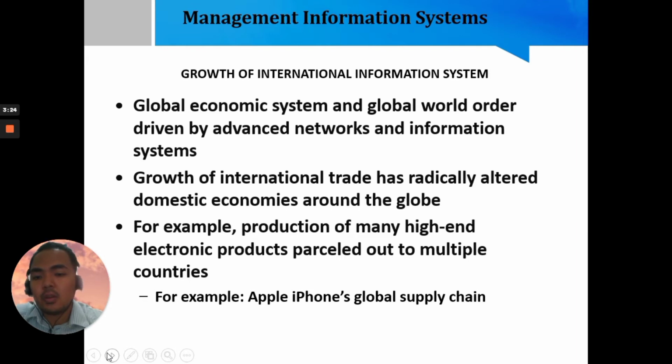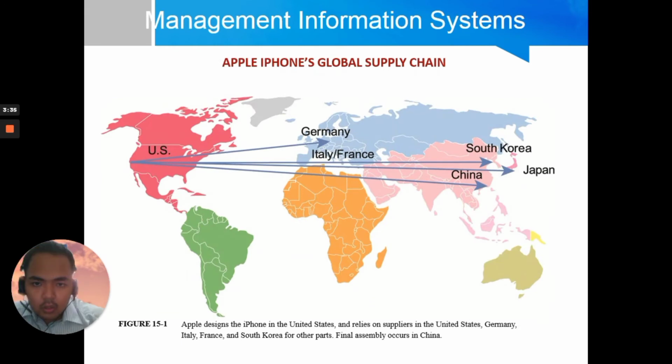So, for example, the Apple iPhone global supply chain. Okay, next slide. As you can see, the original framework of the iPhone is located in the United States of America, wherein the different parts and supplies of a certain Apple cell phone are imported from different countries like Germany, Italy, South Korea, and Japan.